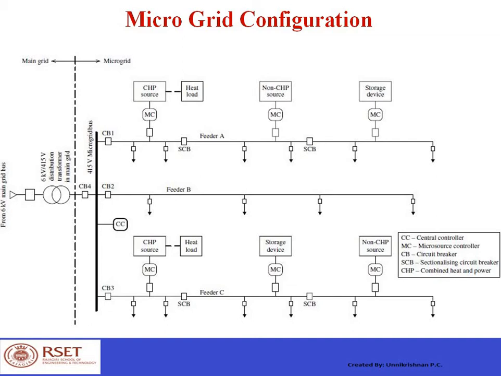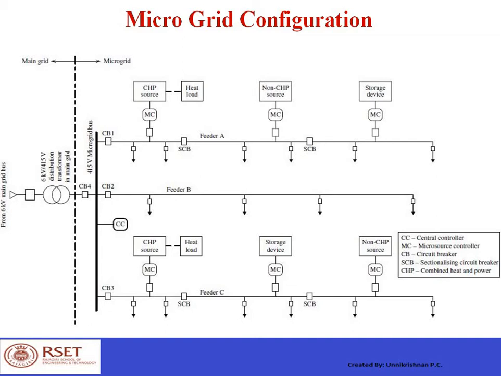Coming to feeder C, you can see there is one CHP source, one non-CHP source, and a storage device. So it is exactly the same as feeder A. It has loads and it has sectionalizing circuit breakers also.